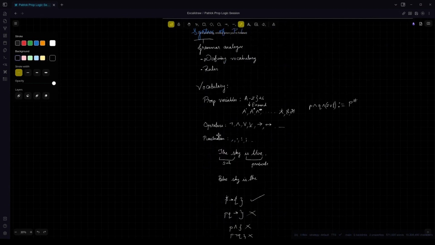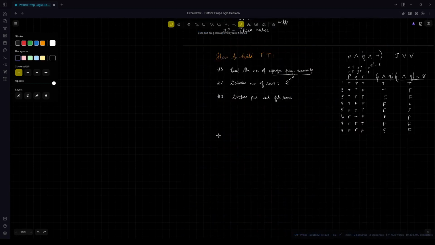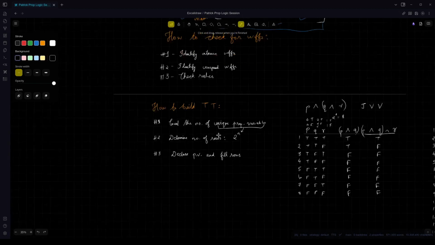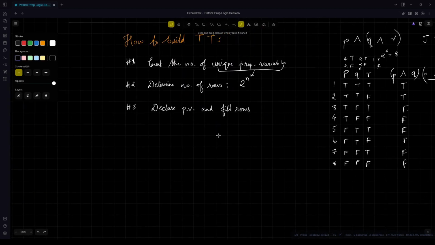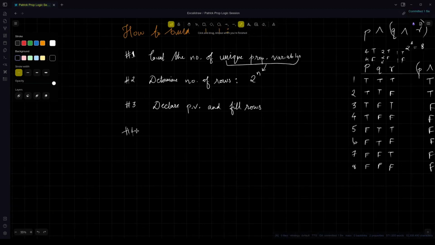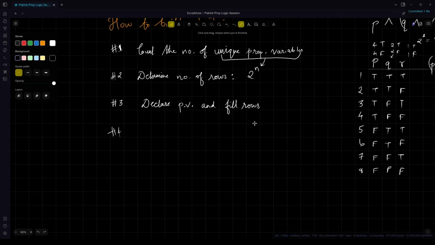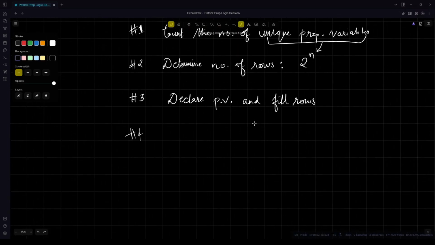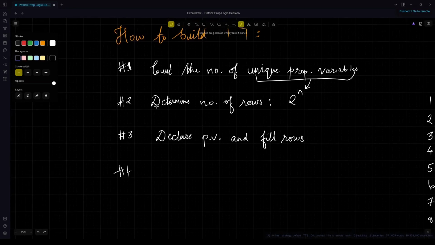Step 3. Okay. So that's step 4. And step 4 is, okay, so you've counted the number of unique propositions, you've determined the number of rows needed, you declared all the variables, and you filled the rows.